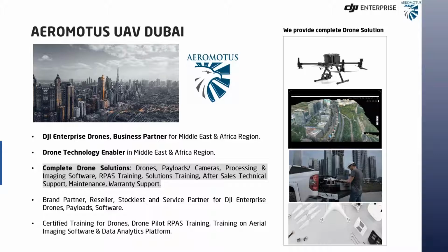Aeromotors is the business partner for DJI drones for the Middle East and Africa, most commonly known as a drone technology enabler, giving you a complete drone solution. A drone solution means drones, payloads, and cameras for your applications, processing and imaging software, pilot training, solutions training, after-sales technical support, maintenance, and warranty support.